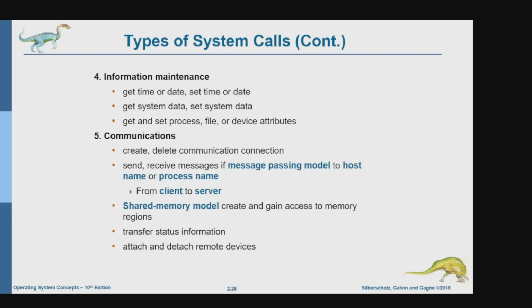Number four is information maintenance. It is more on maintenance and scheduling. Get time or date, set time or date when you want to update, get system data, set system data, and get and set process, file, and device attributes.